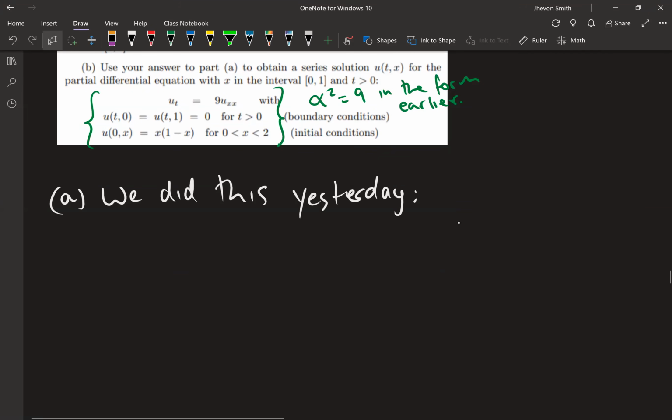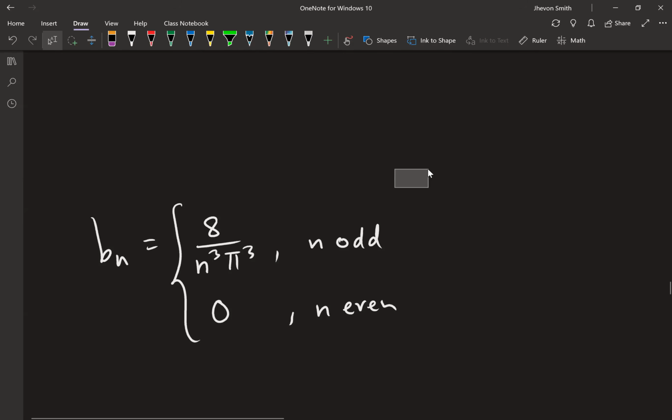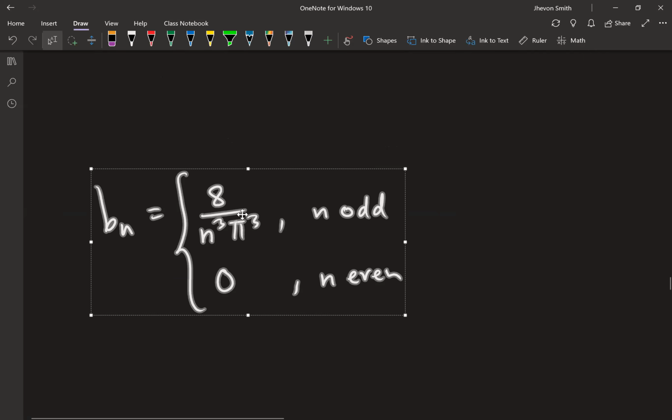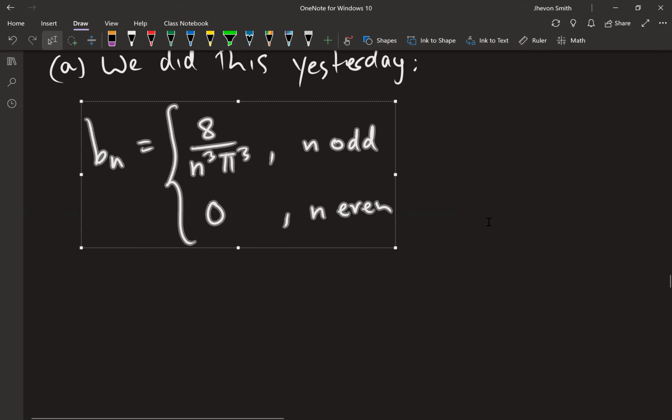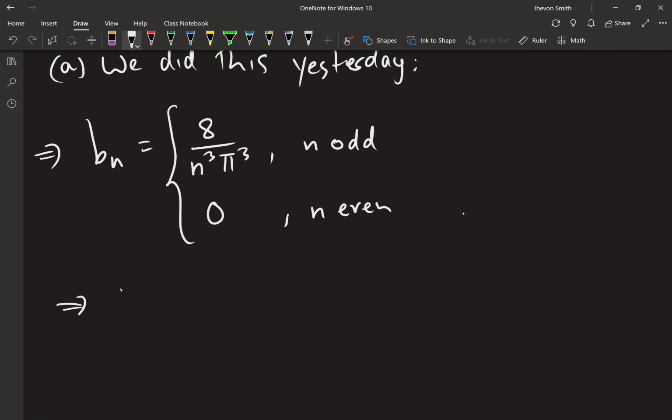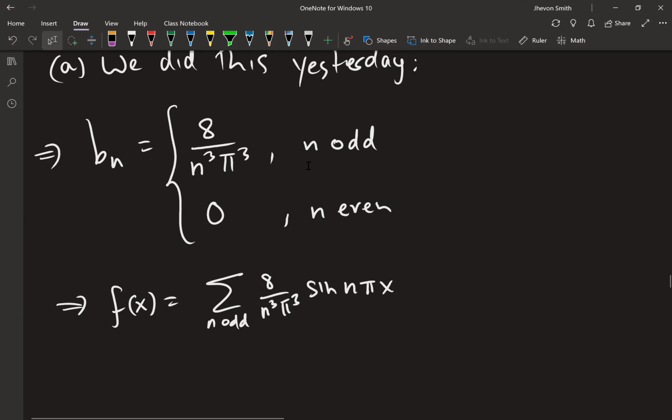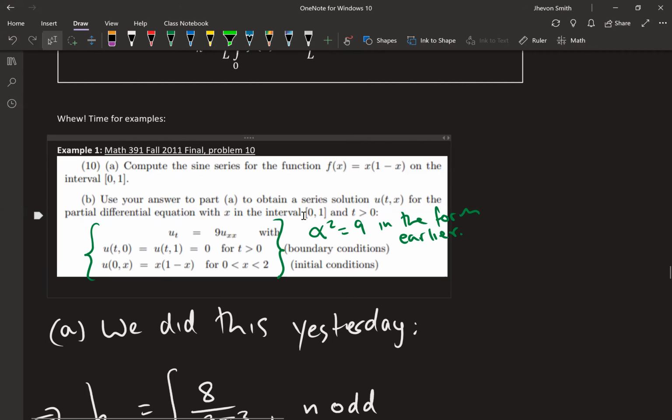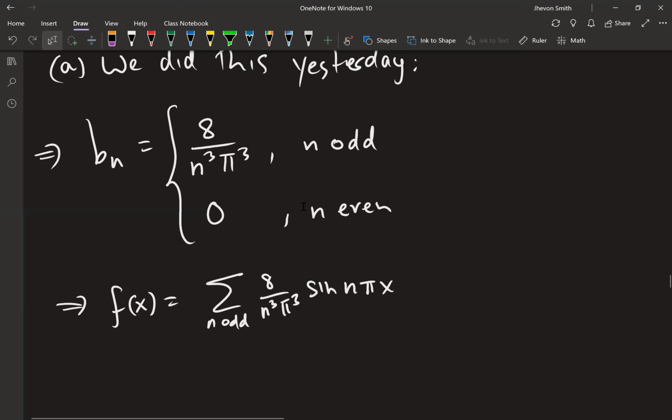It looked like this, which means that f as a series was the sum over n odd of 8 over n cubed pi cubed sine of n pi x. I believe our L is 1. Yes. Okay, so that was that.